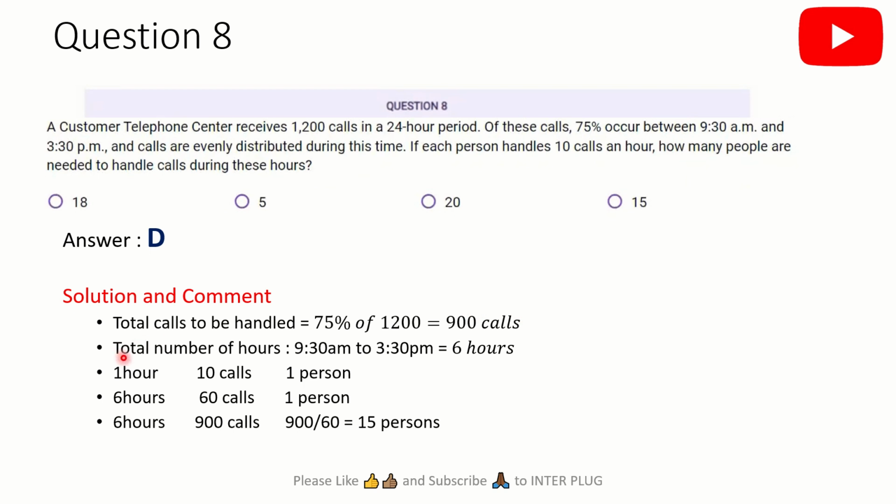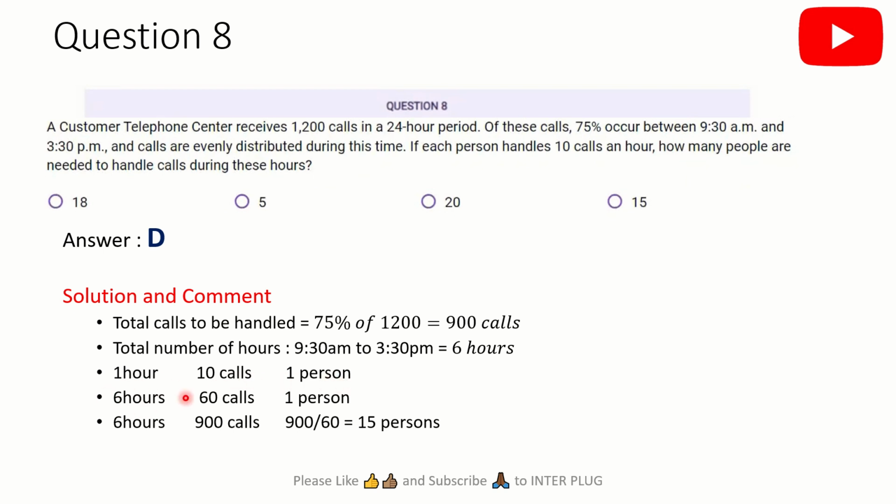Then we want to know the number of hours between 9:30 a.m. and 3:30 p.m. That's 6 hours, okay? Then we are going to use our proportions. We know in 1 hour, 10 calls can be taken by one person. We got that from here. We want to know how many people we are going to need to handle 900 calls in 6 hours. In 1 hour, 10 calls are handled by one person.